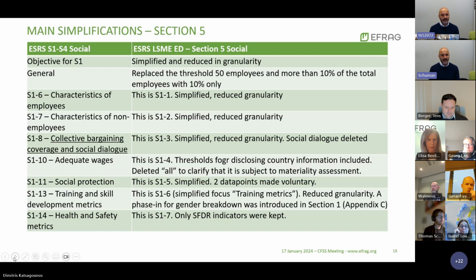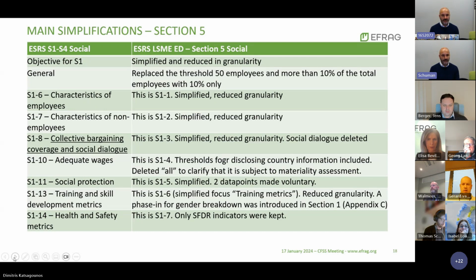On adequate wages, we have the same content of set 1, and we included the threshold for disclosing country, the main country information. And we deleted all to clarify that it is subject to materiality assessment. On social protection, we have the same content. We have simplified the content of set 1, and we changed 2 data points from shall to may.